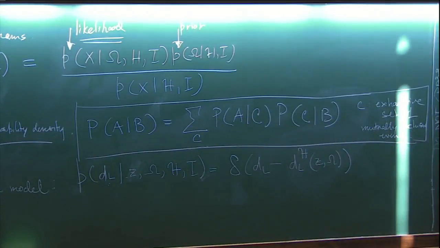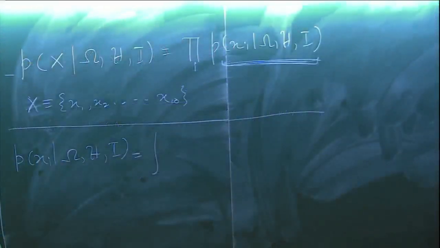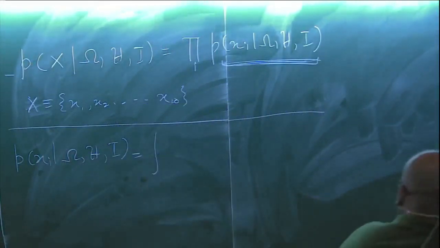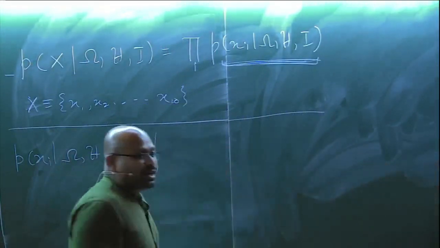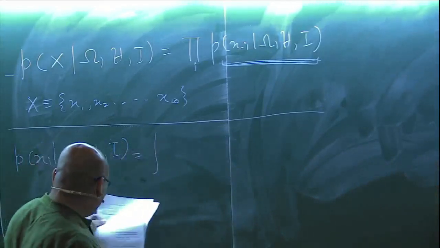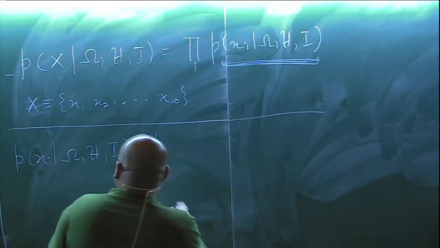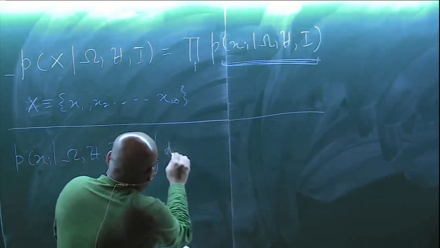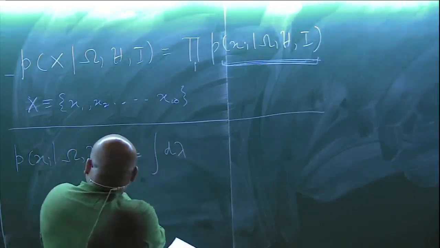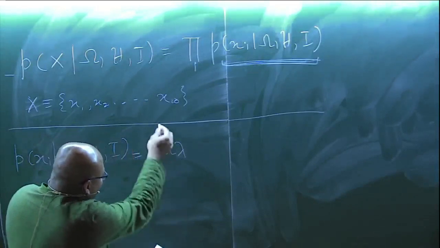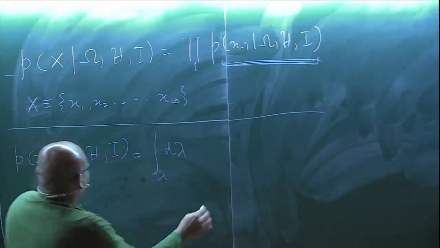This particular theorem translates to something called marginalization integration in Bayesian data analysis. So given any distribution like this, for a continuous variable lambda, I can introduce this continuous variable lambda over here and integrate over all possible values of lambda.